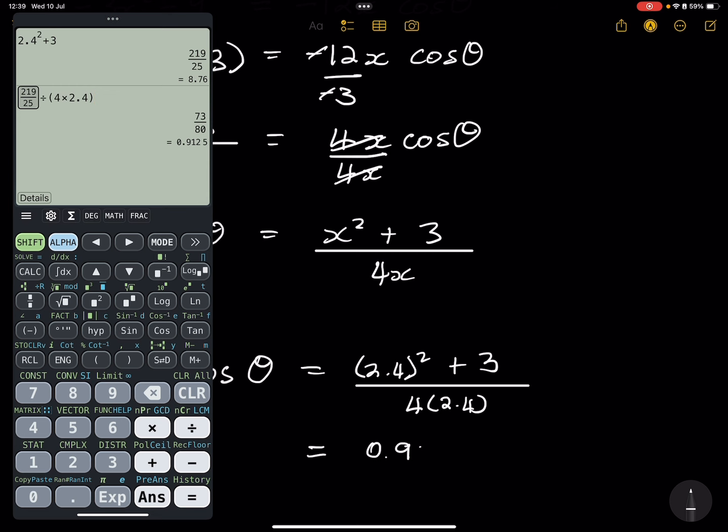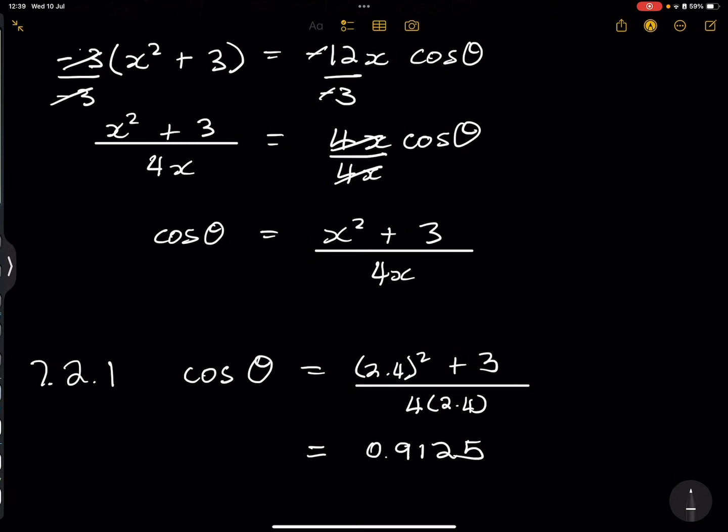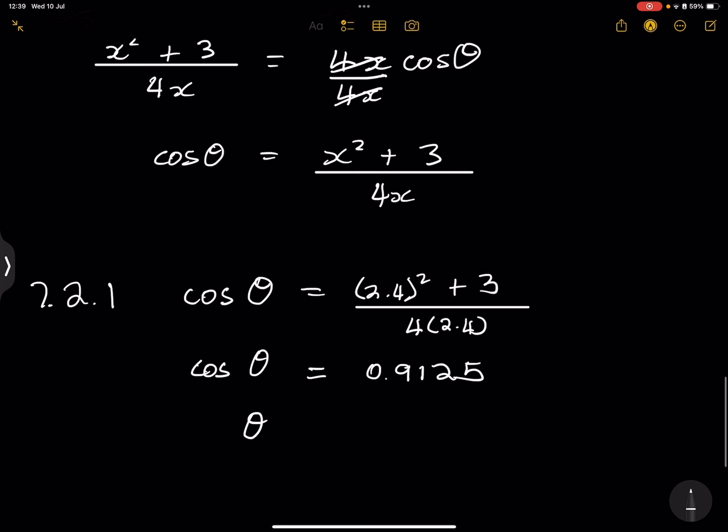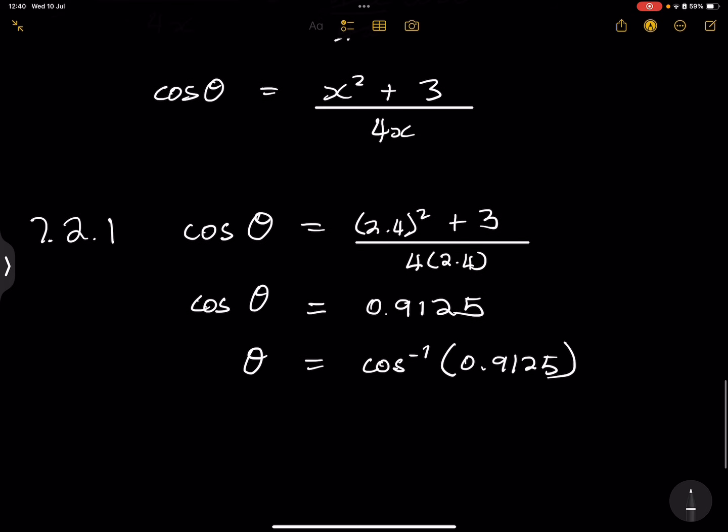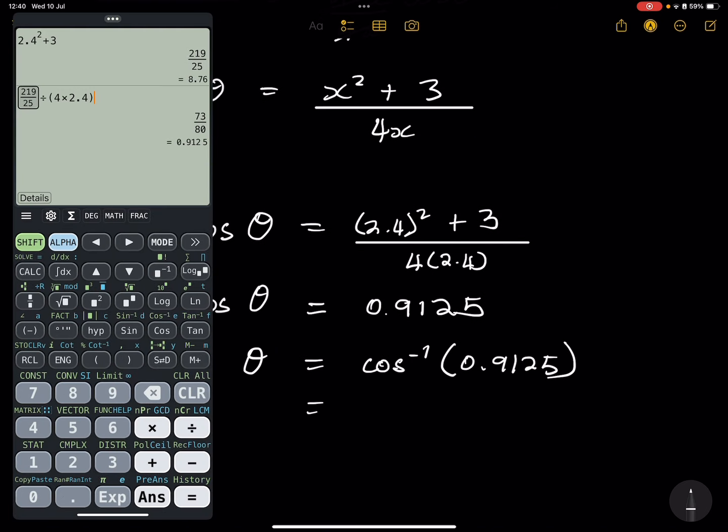Okay, you don't need to write this down. All you need to do is just use the inverse rule in this case. So cos of theta is equal to that. So theta would be the arc cos of 0.9125.